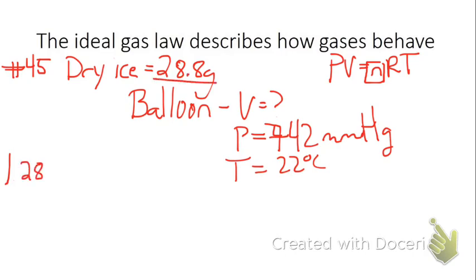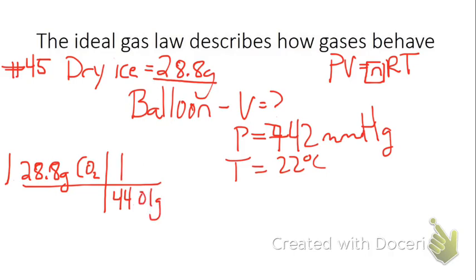We have 28.8 grams of CO2, and we know the molecular weight of CO2 is 44.01 grams per 1 mole. When we do this calculation, we get 0.654 moles of CO2. So now we have moles.